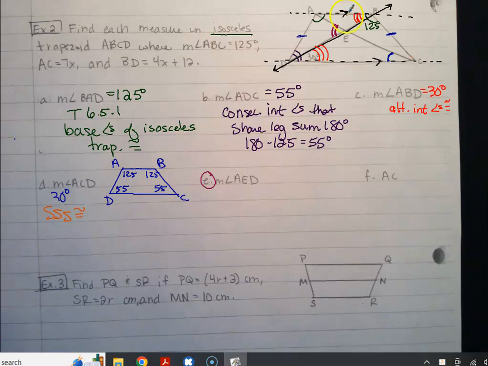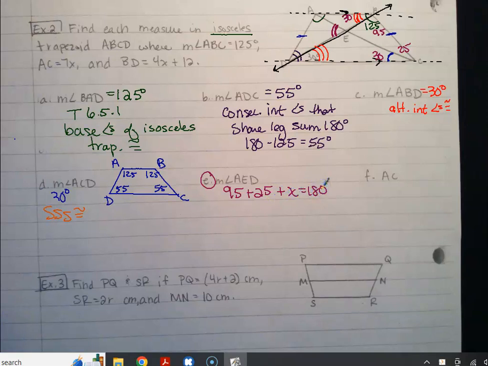So this one's 30, this one's 95. And you know that the other angle for C is 25, because we know this one's 30. So you just add those, you get 120, and then you get 40 for E, and then since it's vertical angle theorem, you get that for the other one too.